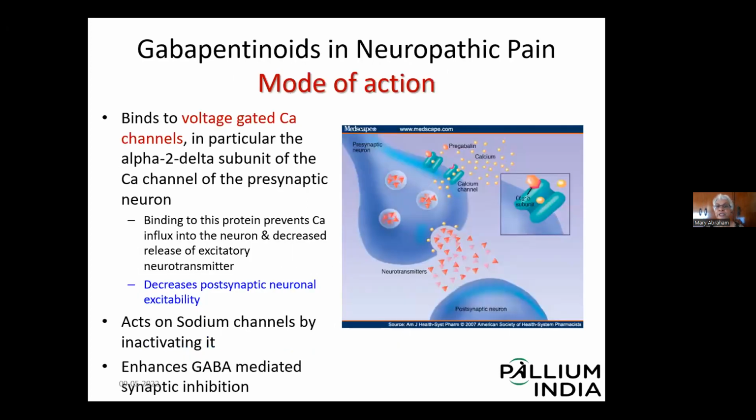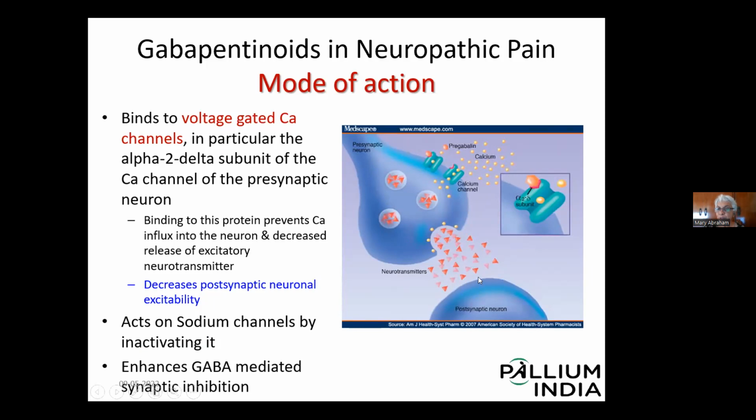If you look at the action of the gabapentinoids, which are pregabalin and gabapentin, they bind to the alpha-2 delta subunit of the voltage-gated calcium channel of the presynaptic neuron, and prevent calcium influx into the neuron, and consequently the release of excitatory neurotransmitters is decreased.